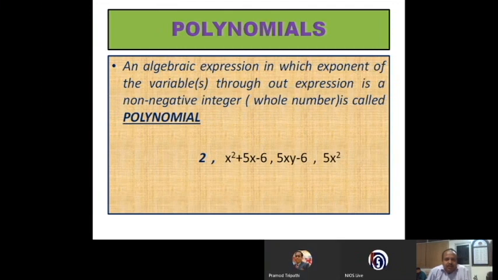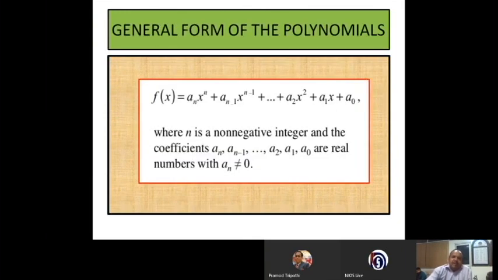So the condition for polynomial is number 1, the exponent of the variable must be a non-negative integer, that is a whole number. Now we move to the general form of the polynomial here.